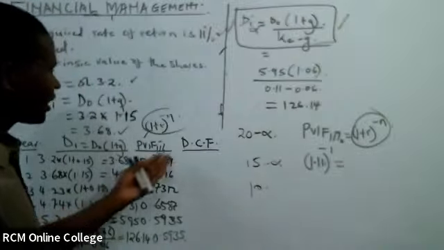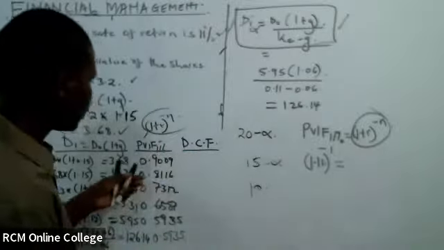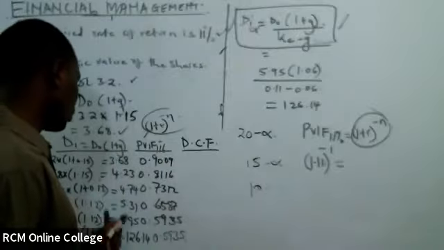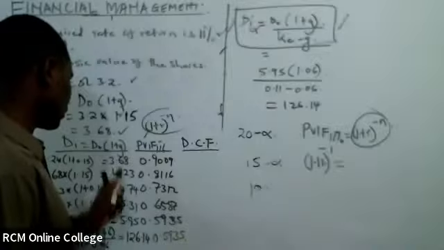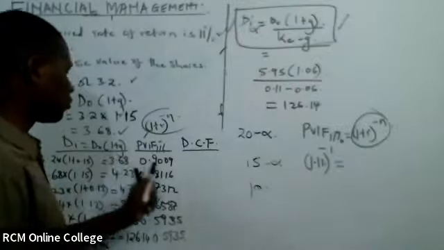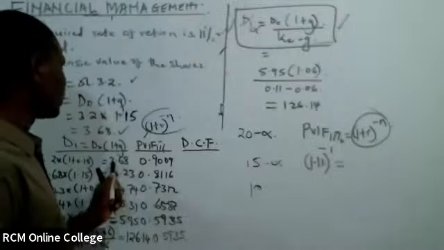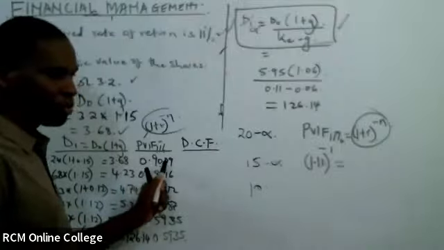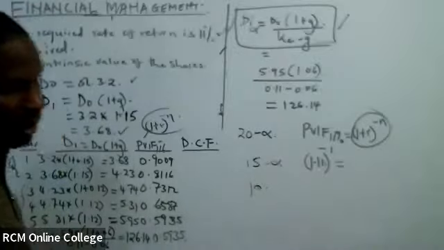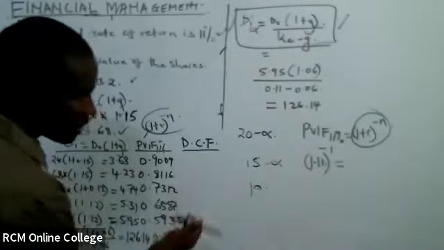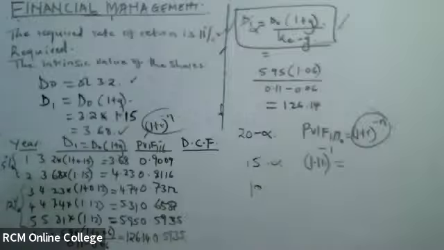Now, when it comes to getting the discounted cash flow here, you just take your growths hapa, hizi zote your D1s, you multiply by PVF. So give me the first one. 3.68 times 0.9009. Ni ngapi ya kwanza? Maybe to 2 decimal places.